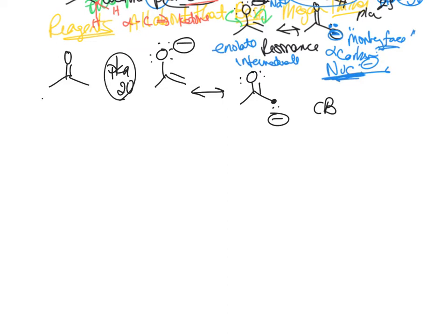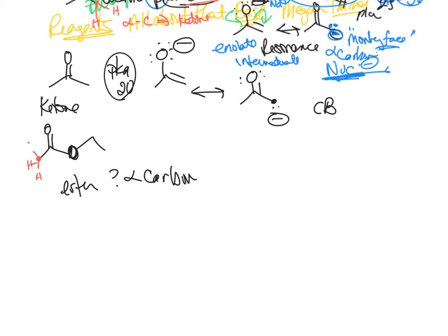That's a ketone. This is an ester. Where's your alpha carbon? That's what you're looking for. This is the oxygen. That is not an alpha carbon. Your alpha carbon is right here. Okay, so there's 3 hydrogens there.